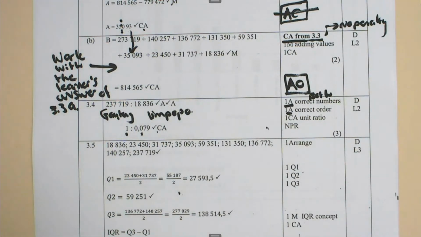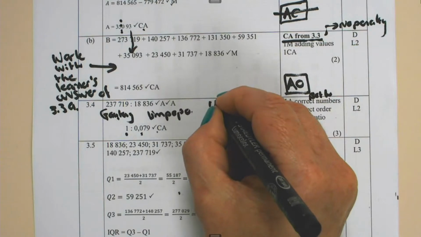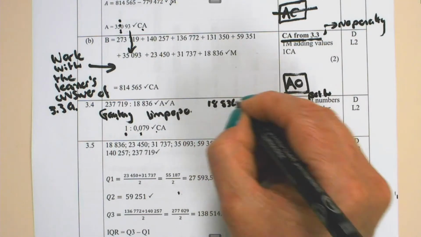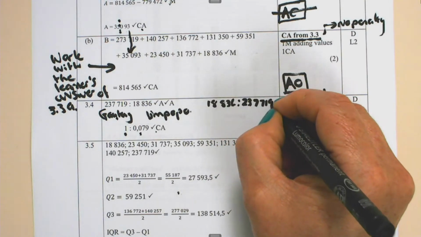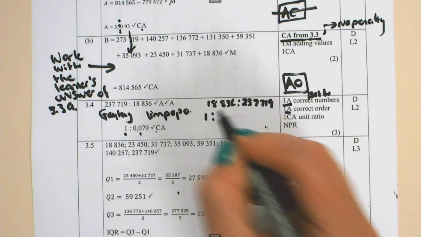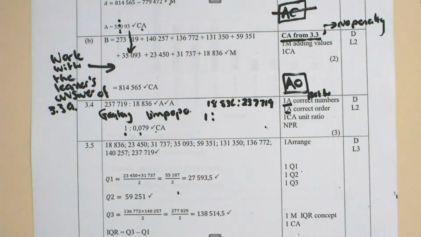If they swap the two around, say for instance, they say 18,836 to 237,719, and then they say 1 is to, and now they divide both sides by 18,836. So let us just see what that one will become. We say 237,719, just as it is for Gauteng, and we divide it by 18,836.